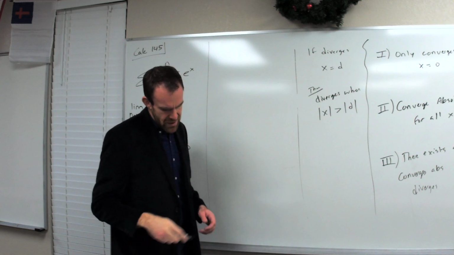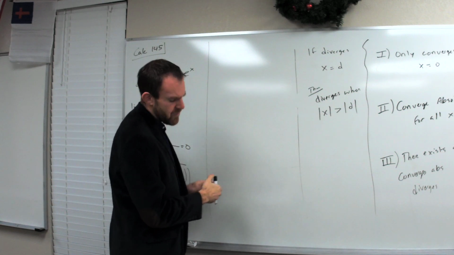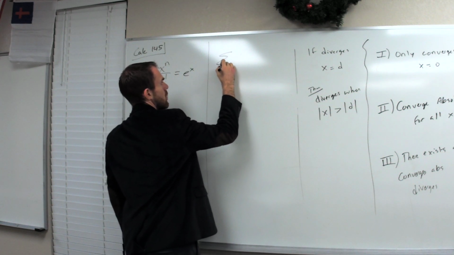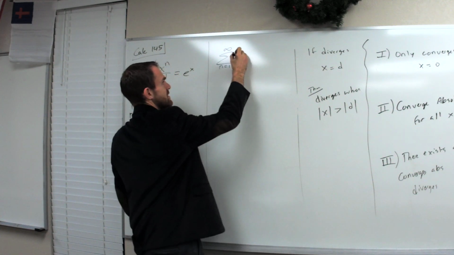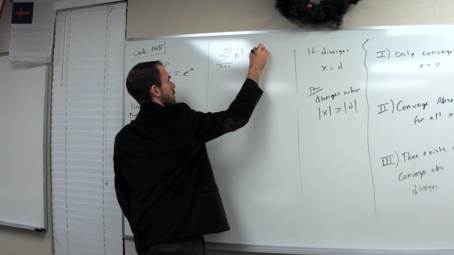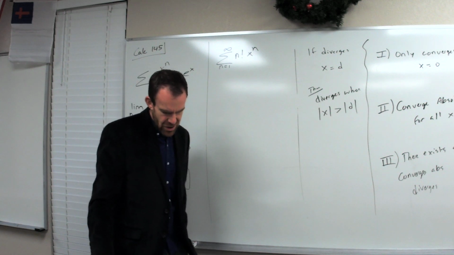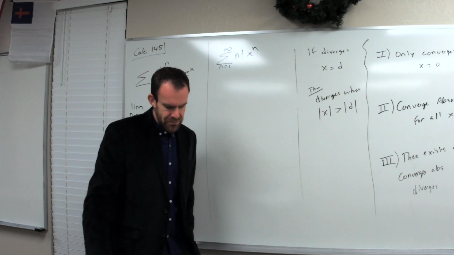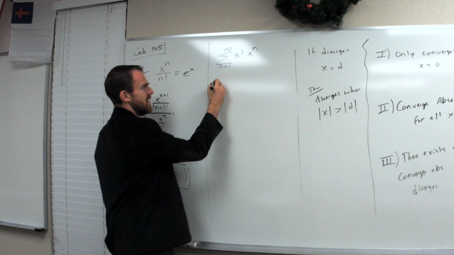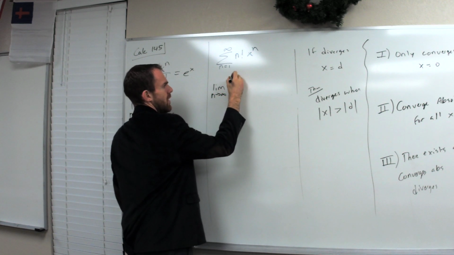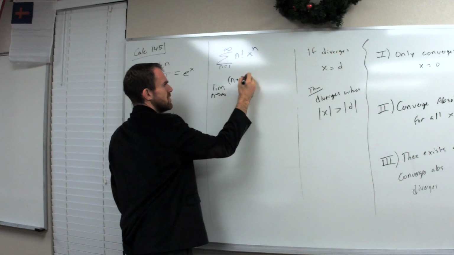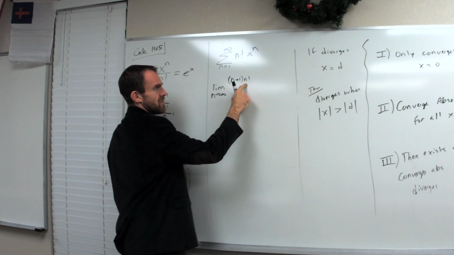Okay, let's try a different one now. We're going to find the interval of convergence of this one. We have n factorial times x to the n. This one's a little bit sneakier. So let's apply the ratio test again. We have n plus 1 factorial, which is just n plus 1 times n factorial.